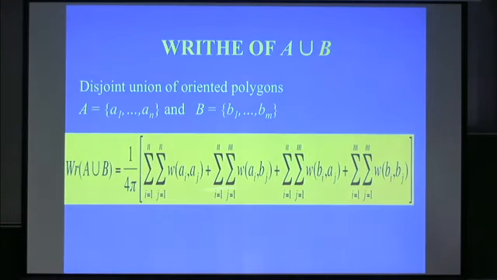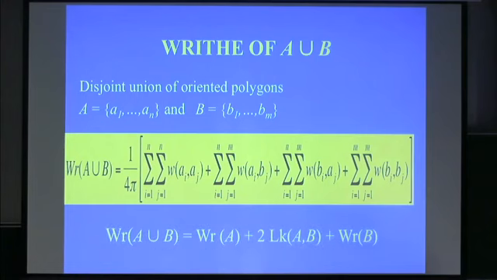But here's the most interesting equation, and it's the writhe of the union of two disjoint closed curves. So the writhe of A union B is, well, you look at the edges in A versus the edges in A, plus the edges in A versus the edges in B, plus the edges in B versus the edges in A, plus the edges in B versus the edges in B. So the writhe of A union B is the writhe of A plus 2 times the linking number.